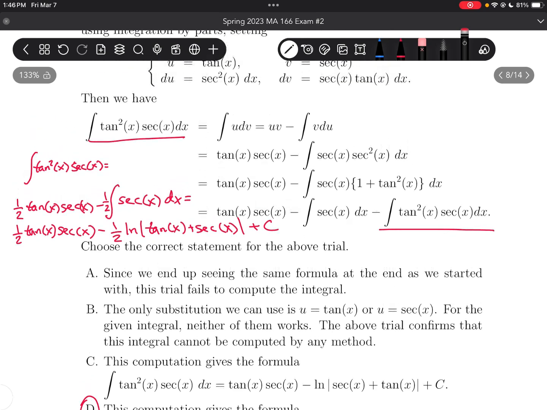That is false, because like I showed, we can add this integral to both sides and use that to still solve for the value of that integral. So that's why statement A is false.